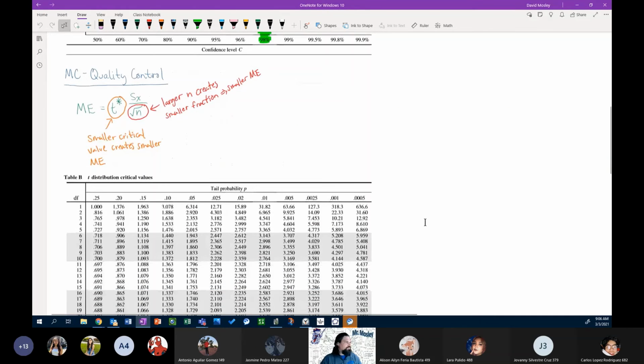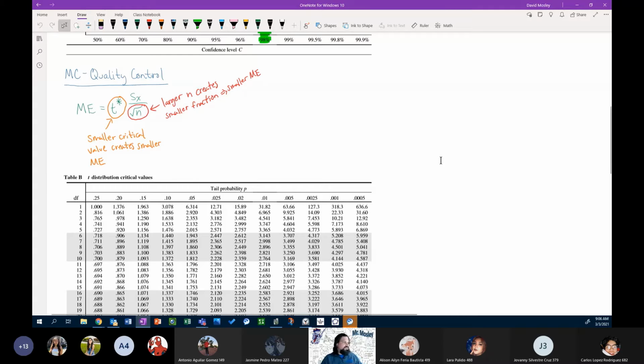When calculating a margin of error, we use everything to the right of the plus or minus sign, and that's the t star times s sub x divided by the square root of n. A smaller critical value creates a smaller margin of error, right? Multiplying by a smaller number creates smaller numbers. And dividing by larger numbers creates smaller fractions. So multiplying two smaller numbers together gets a smaller result.